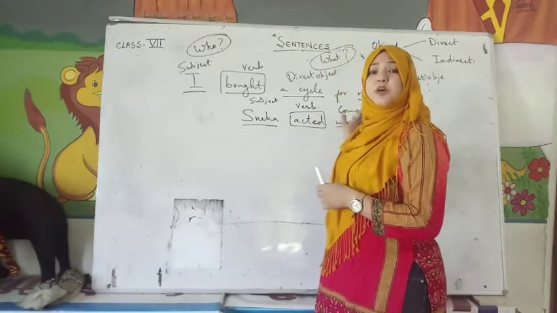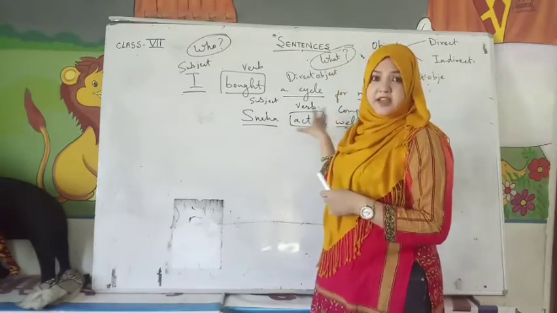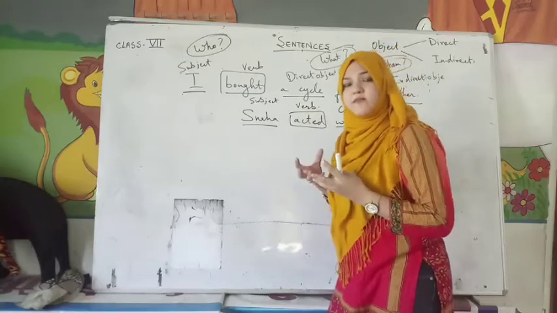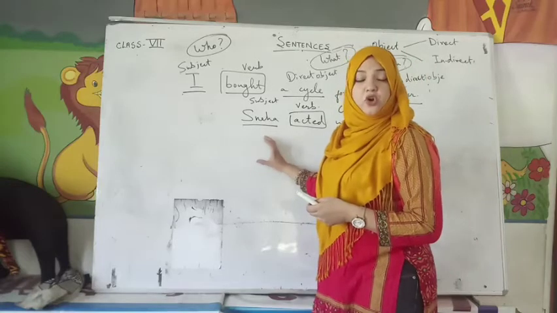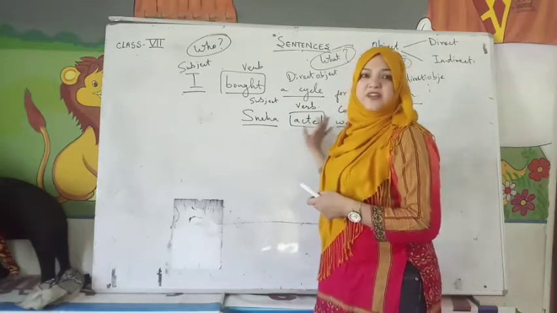Understood? And these words are not a thing or anything. So some words or one word which you require to complete the sentence or to know more about the sentence, that is called a complement.